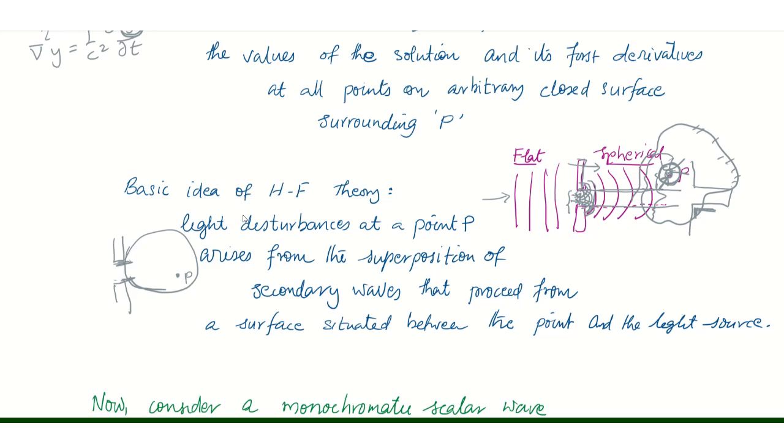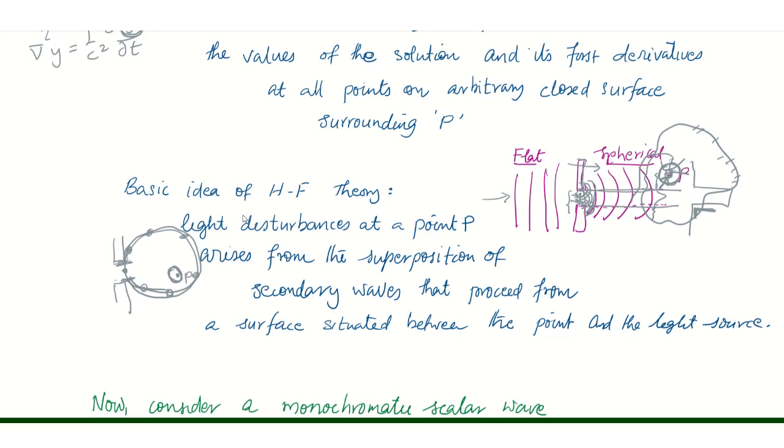Then there will be secondary sources from here, and also from this region, this region, this region, and the intensity at this point P will be contributed from the secondary waves from all the surfaces, and we'll proceed to derive such an equation.